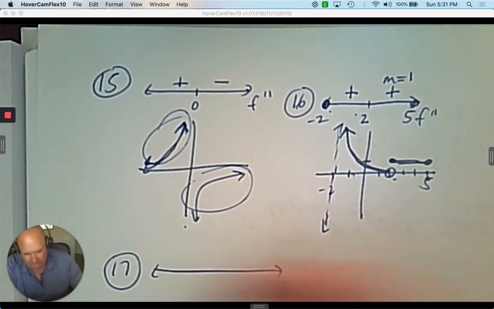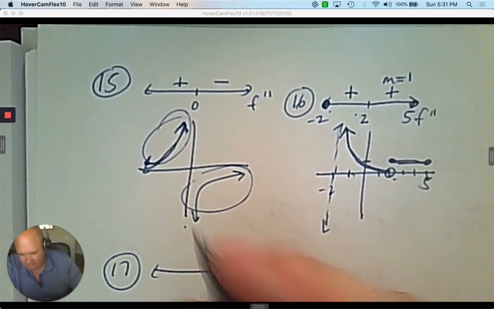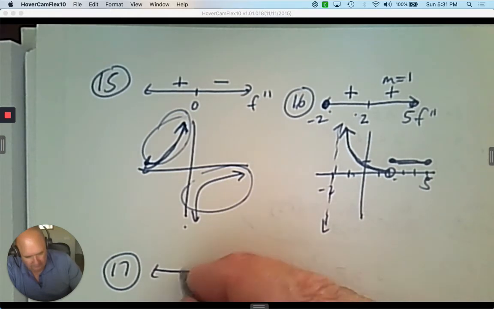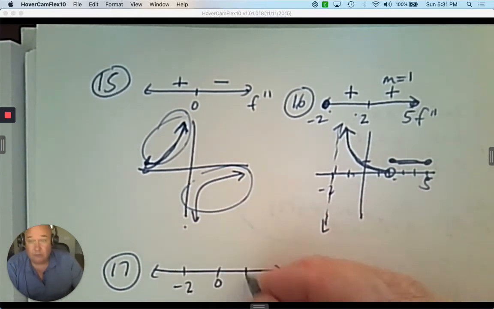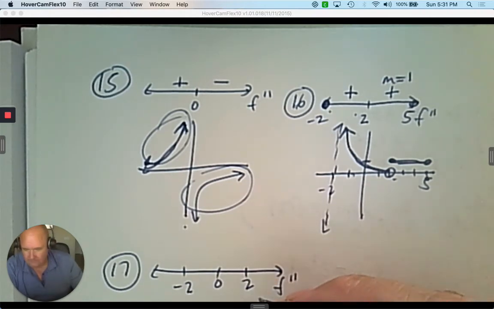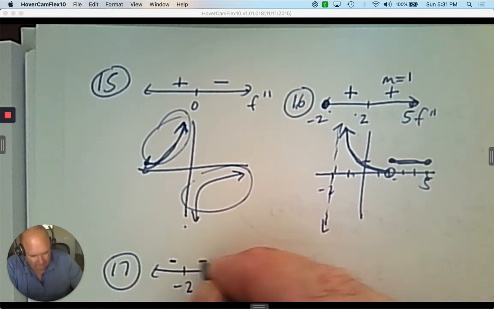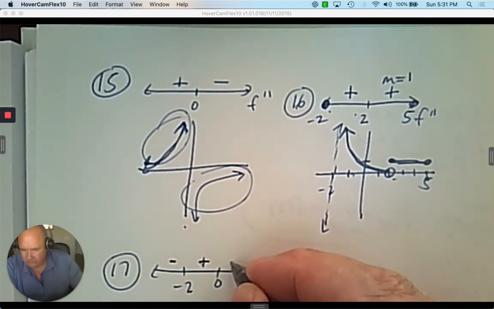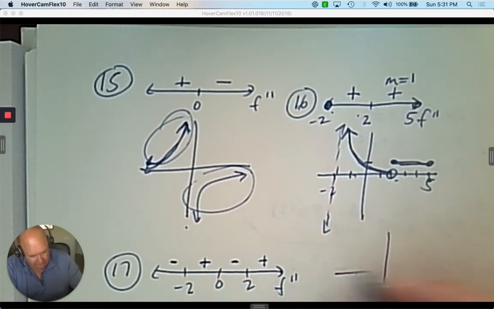In number 17, what I'm looking for are the turning points and increasing and decreasing. I see -2 as a turning point, I see 0 as a turning point, and I see +2 as a turning point. First of all, it decreases, increases, decreases, increases, so you have a sense of above and below.